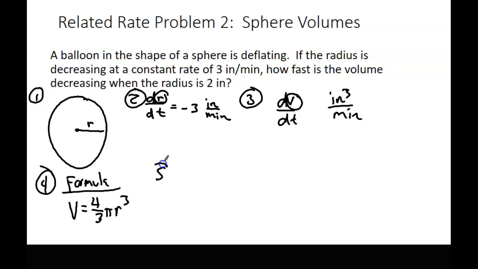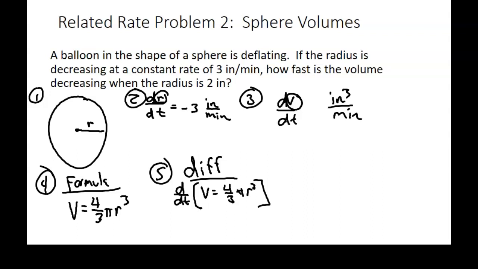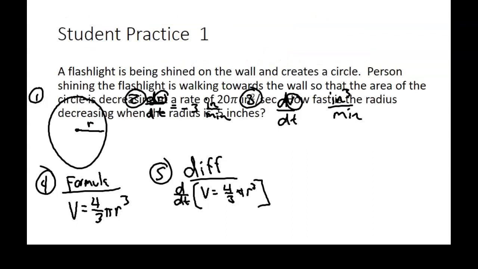All right, step 5. Let's differentiate that. That's where you take the derivative of this thing with respect to time. Okay, go ahead and tell me what you got.